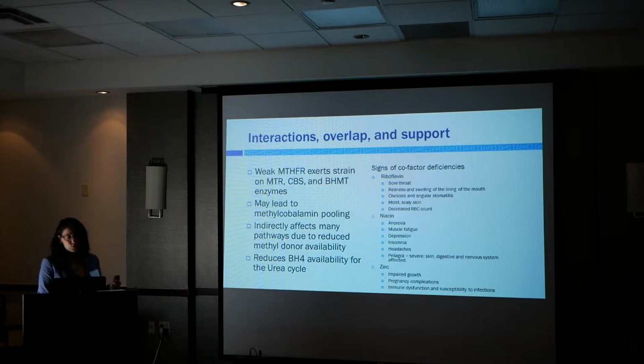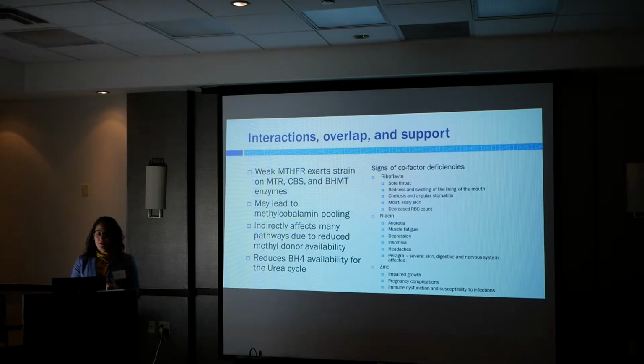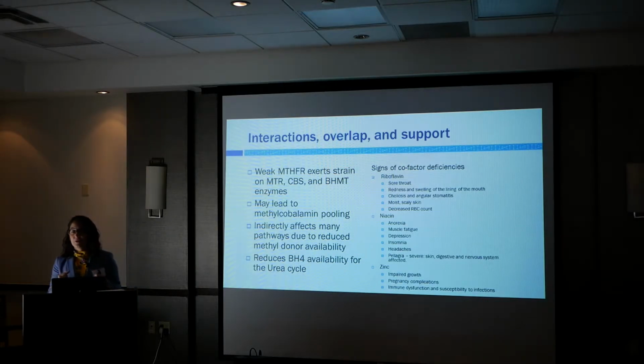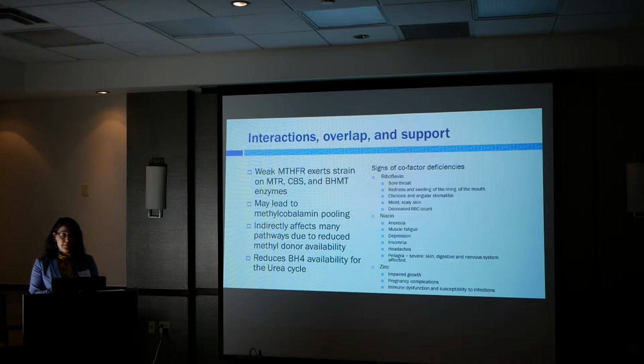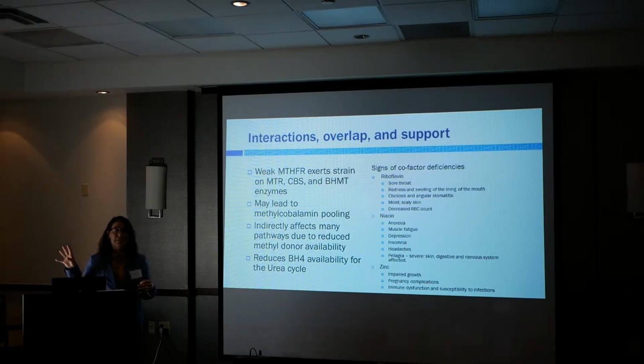Interactions, overlap, and support. So weak MTHFR is going to strain the other enzymes. If we were consuming a folic acid-rich diet and preventing the uptake of folate, as well as dealing with a slow MTHFR enzyme, that's going to strain our MTR, our CBS, and our BHMT pathways.